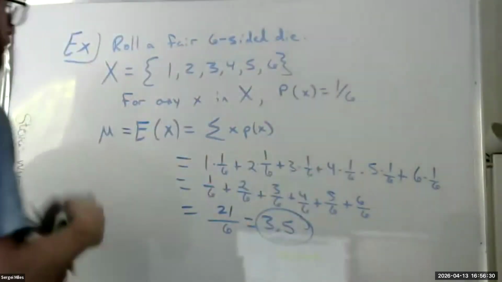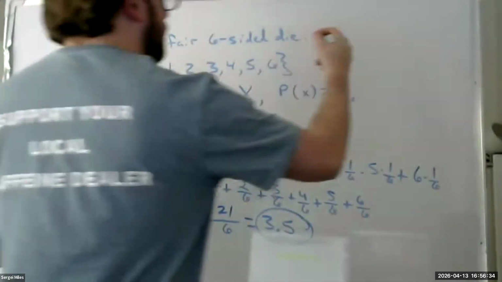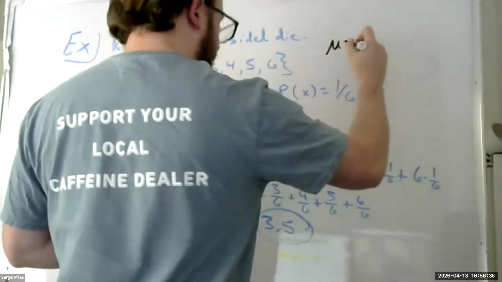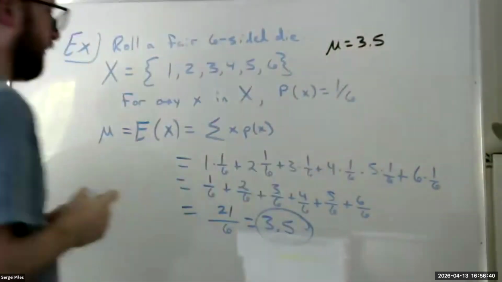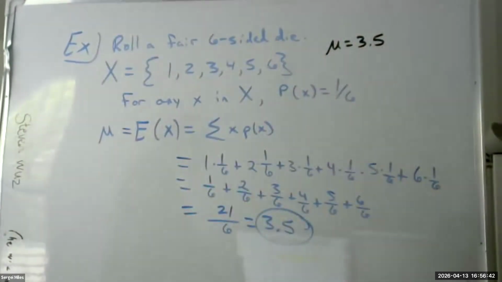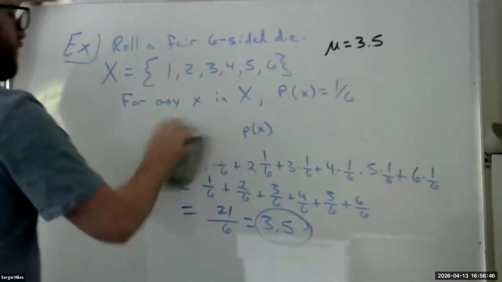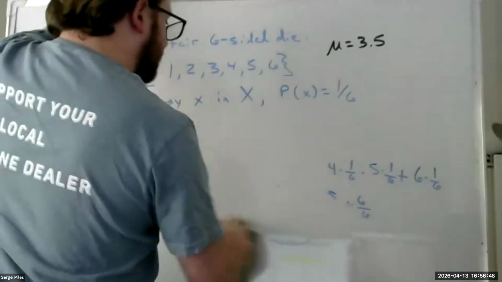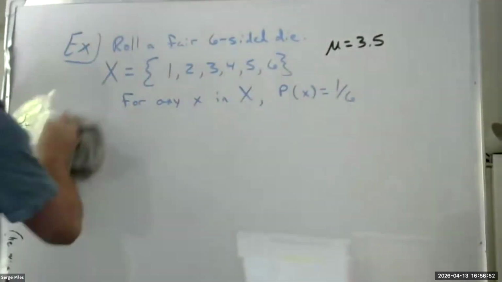Okay, so I'm going to make a note up here. First of all, we already know that the average for this random variable is 3.5. Okay. Well, let's back up. Let's say that now, suppose I didn't know that, and we take some random samples to see what the average is.